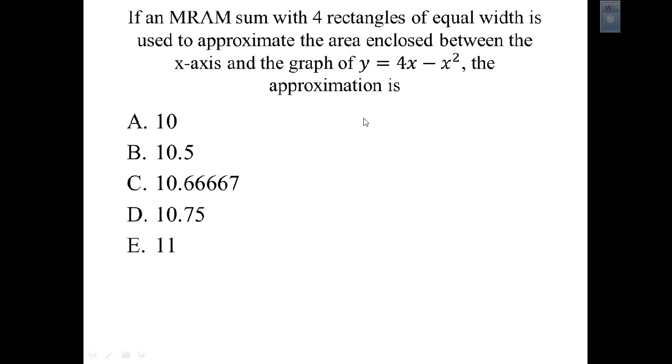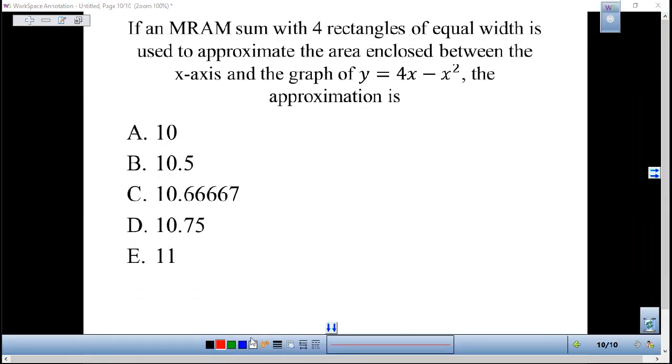I will show you the answer in a little bit, but I want you to follow along with how to work this out. So we're using MRAM, 4 rectangles of equal width, and we're approximating the area enclosed, this is important, enclosed between the x-axis and this graph. So we don't know where we're starting and where we're ending. We have to figure that out.